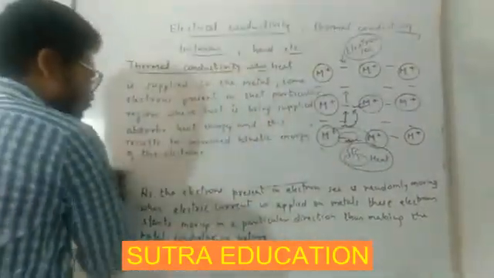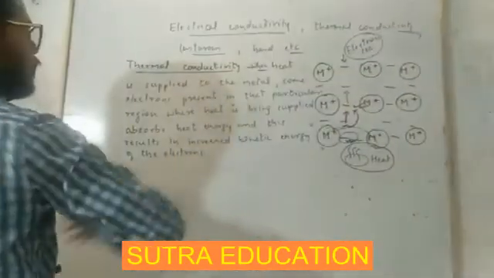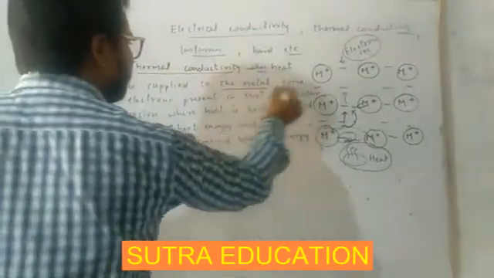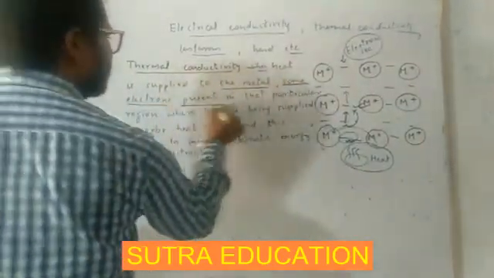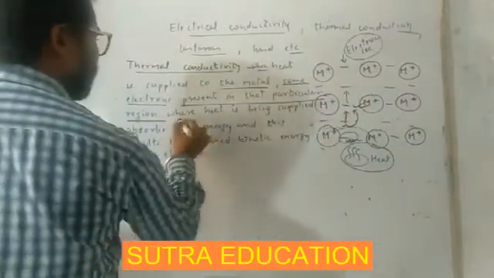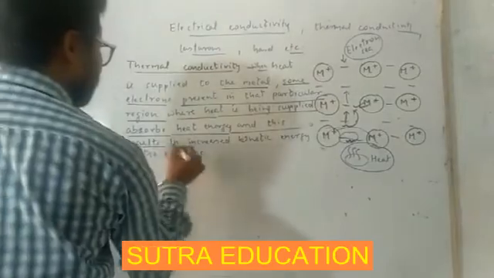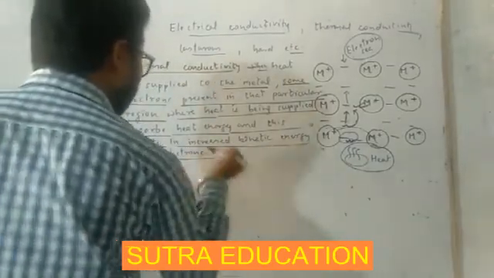So now we will write: when heat is supplied to the metal, some electrons present in that particular region where heat is being supplied absorb heat energy, and this results in increased kinetic energy of the electrons.